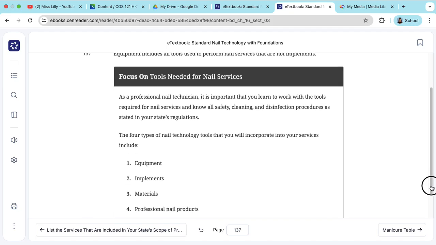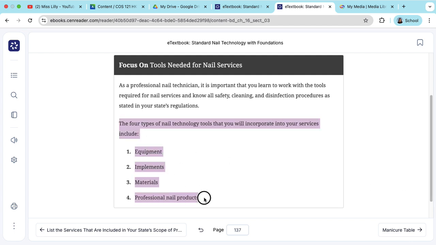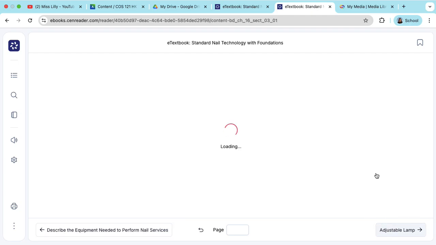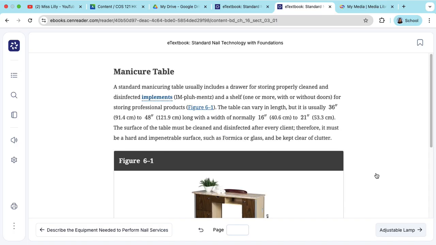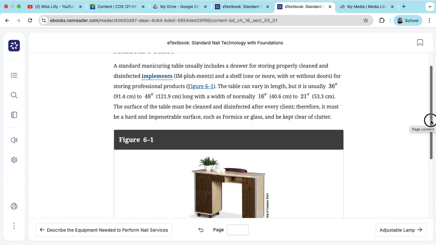So we have 4 types of nail technology tools known as equipment, implements, materials, and products. Under equipment, we are going to have the table, the manicure table.